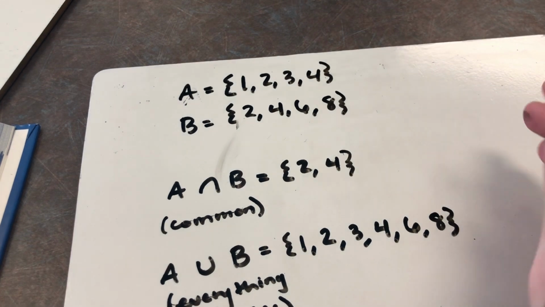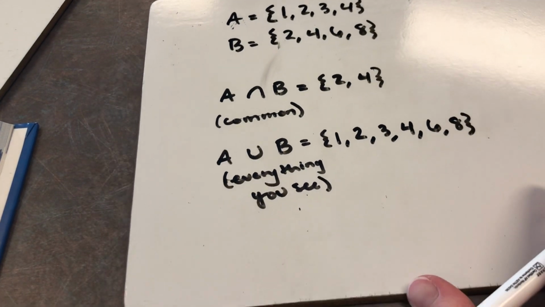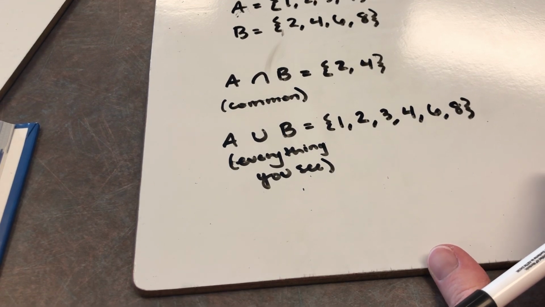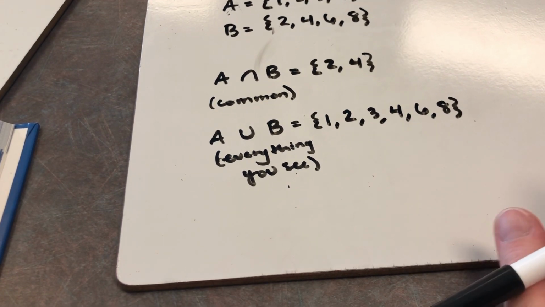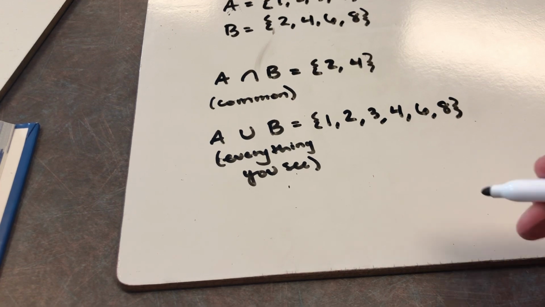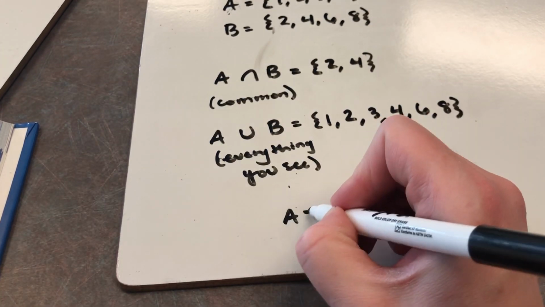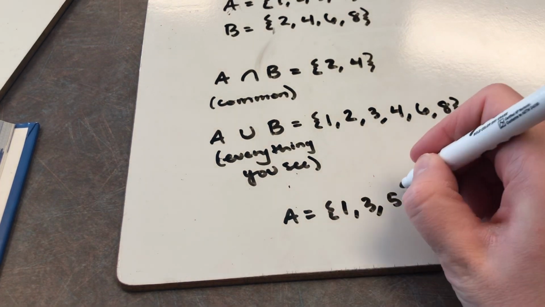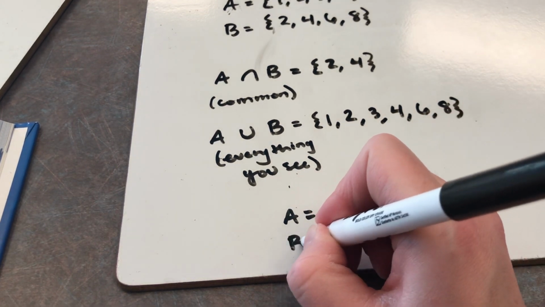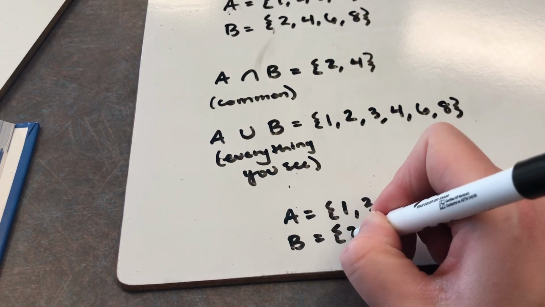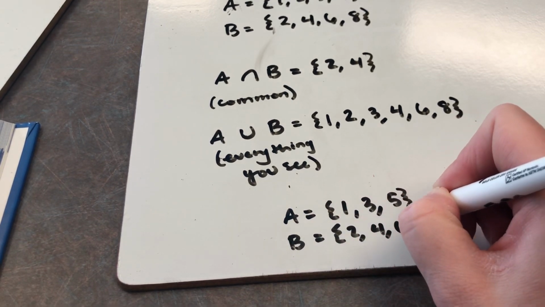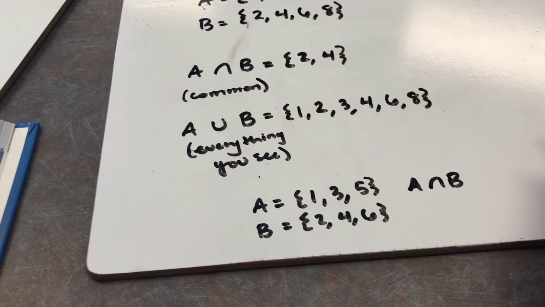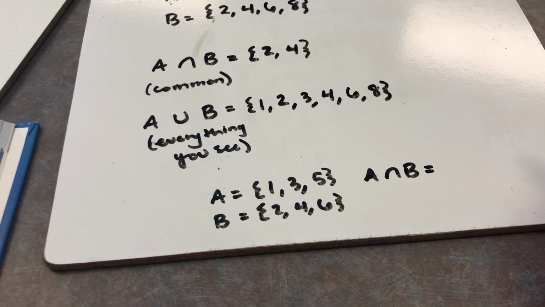So the other symbol that you might see is called the null set or the empty set. And so let's say they had nothing in common. If set A was 1, 3, 5, and set B was 2, 4, 6, and I asked you to find the intersection of A and B. Remember, that's what they have in common.